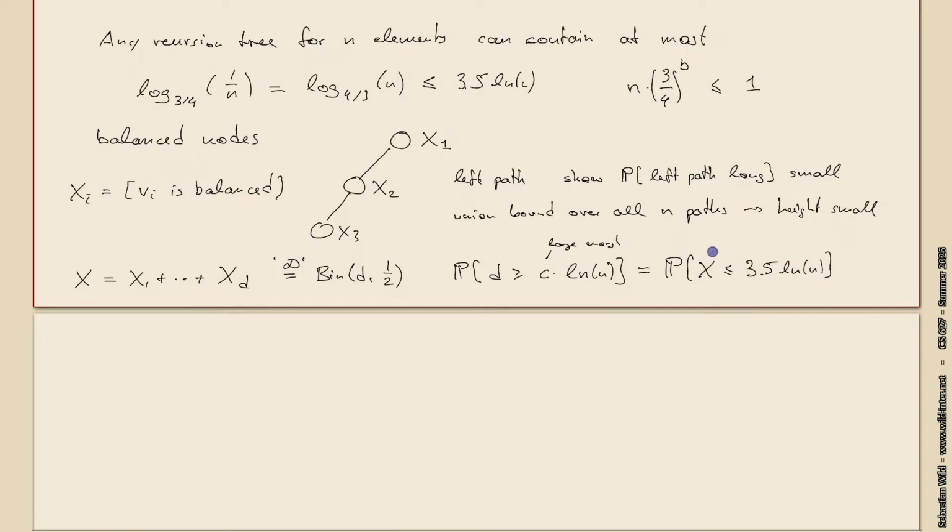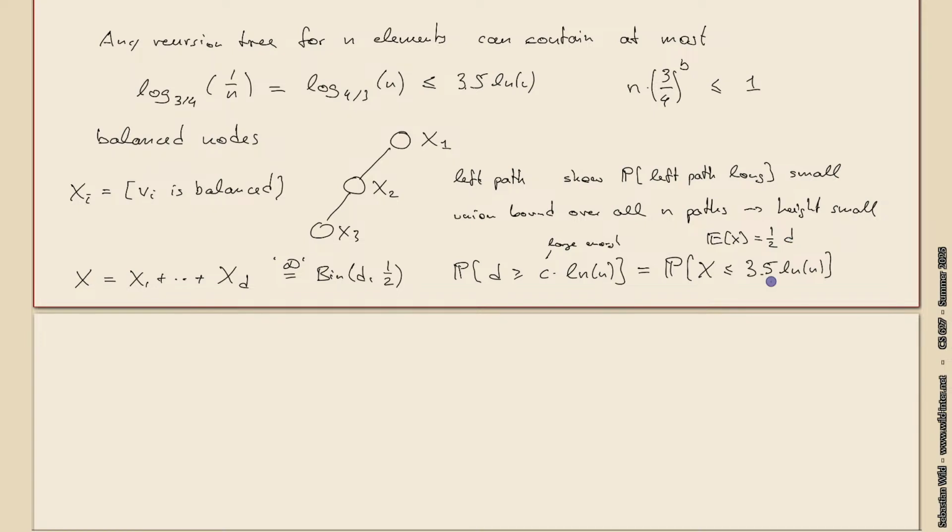But x is the sum of d random variables. So the expected value of x is 1/2 times d. And so you see, if you put c large enough, then the expected value of x is much larger than this 1.35 log n.